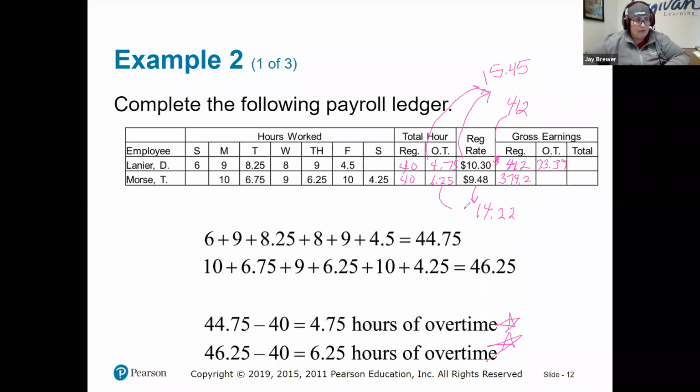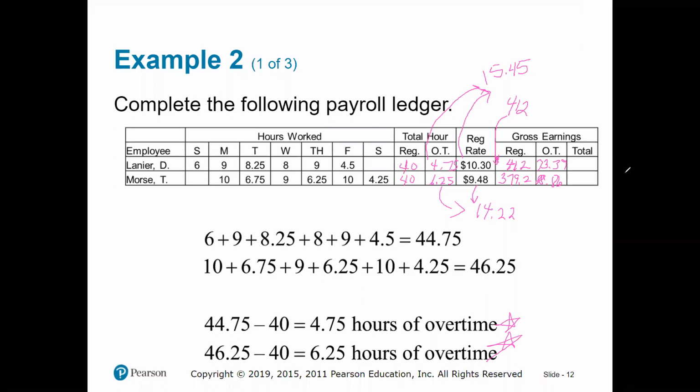And then we multiply it by our overtime, so times 6.25, and we get 88.86. All right. And then our last step would just be to do what? What do you guys think? Add the two together, the regular and overtime.